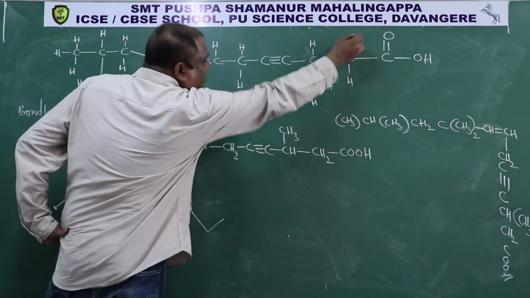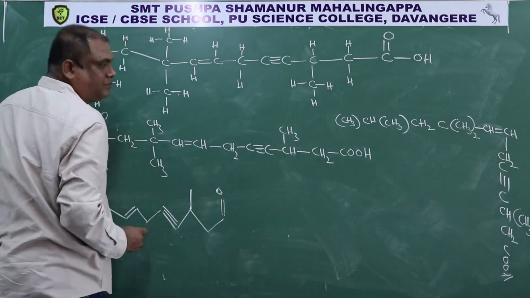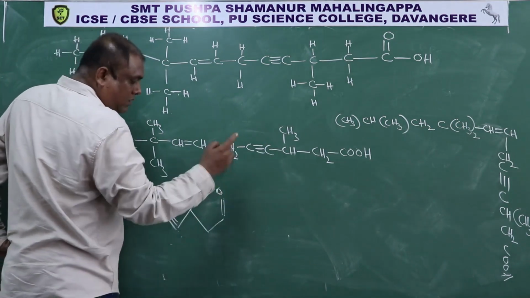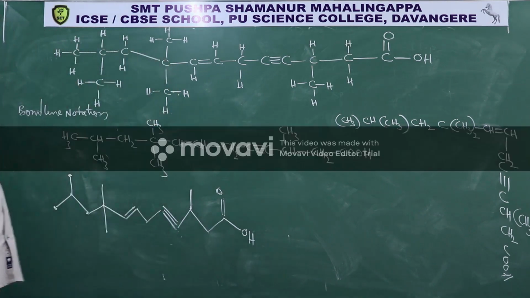That C is bonded to oxygen, that I will write, and the same C is bonded to OH, that I will write. This is called the bond line notation of this compound.